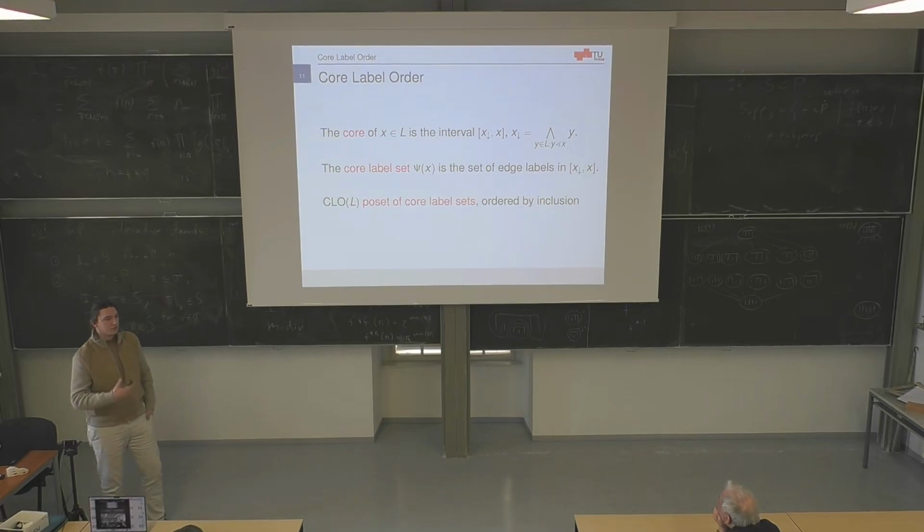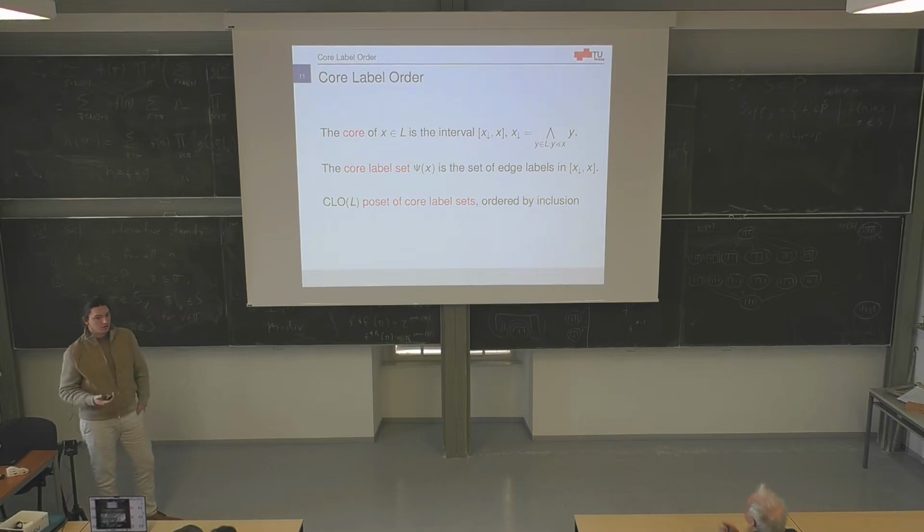I will give you the definition of the core label order. I will start with the nucleus of a lattice element, which is the meet of all down covers of this lattice element.